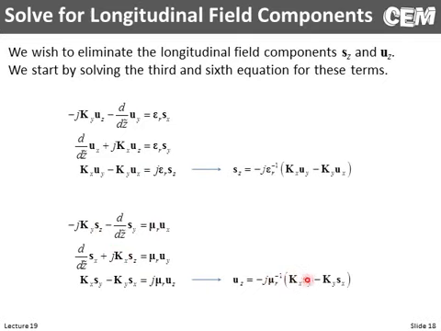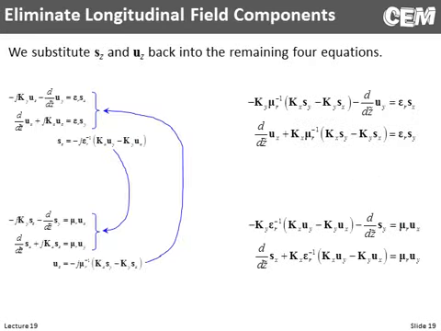We're going to take this expression for SZ and plug it into these 2 equations. And we'll take this expression for UZ and we'll plug it in up here. And then we'll end up with 4 equations without any longitudinal field components. No field components in the z direction, which we're calling the longitudinal direction. So here's where we do that.